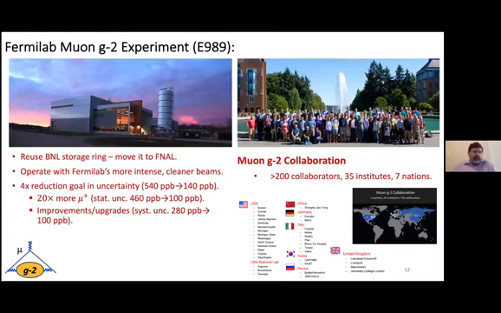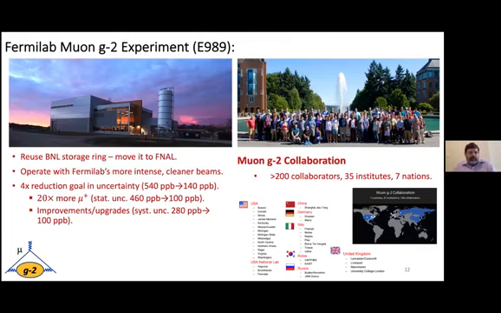So just a big picture a little bit, before I get into more of the details of how the measurement's done. This experiment, to save on construction costs, ended up reusing the BNL storage ring. The storage ring was moved from Brookhaven to Fermilab.